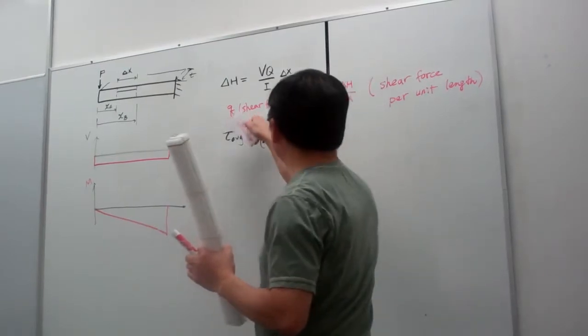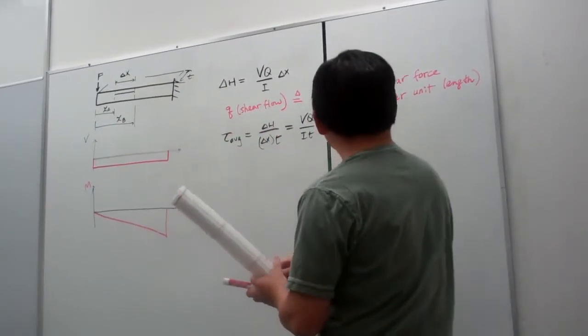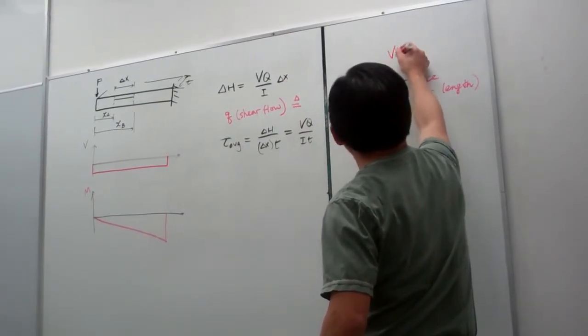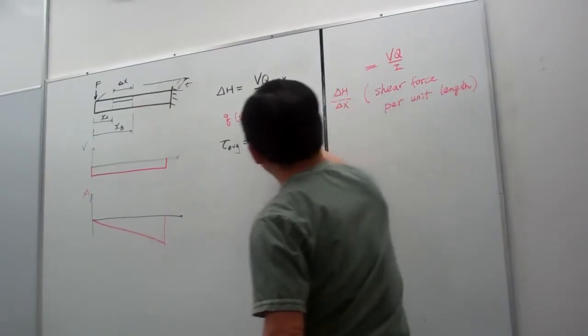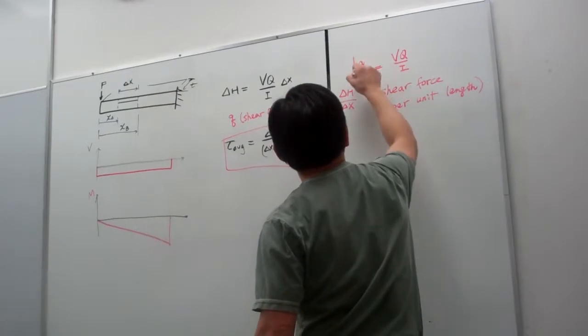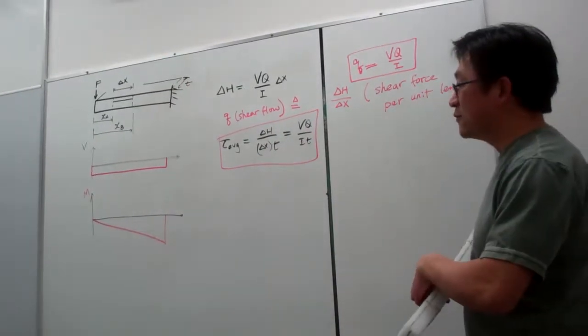So here we have the shear flow, and later we're going to use this information. Here the shear flow, let me further write it down, is VQ over I. So we have this equation for shear flow, and this one will be used for our calculations.